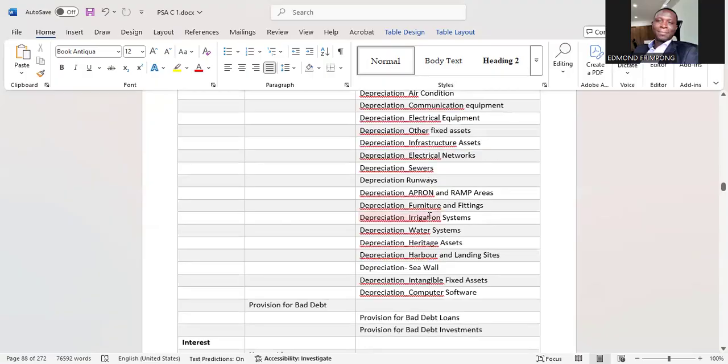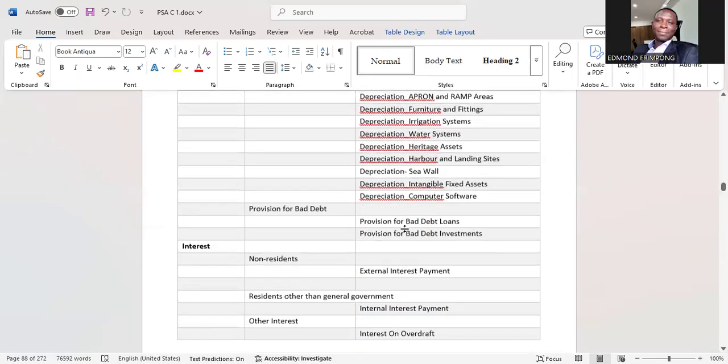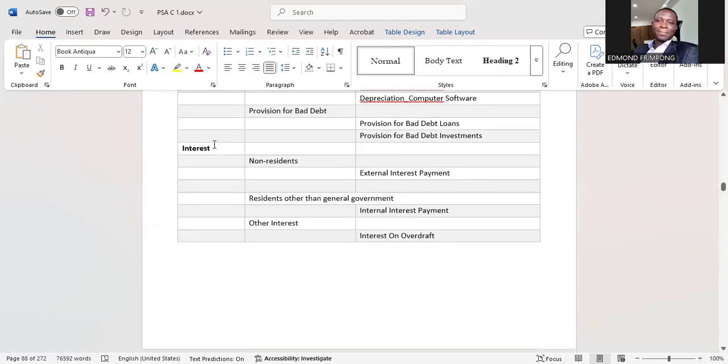We have provision for bad debts, provision for investment. And the fourth classification will be interest. Yes, interest that government has to pay, to both resident and non-resident, and a whole lot. So interest, we have those that government will pay outside, non-resident interest.